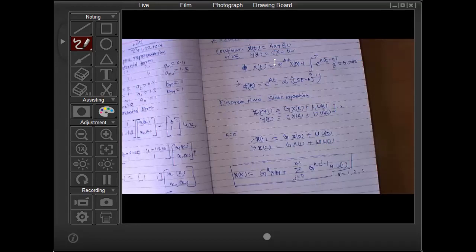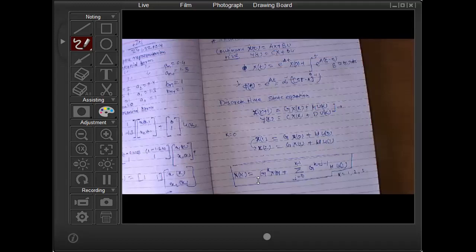Now if you compare with the discrete time solution of the discrete time state equation, then e to the power At is replaced by G to the power k, and since discrete time is not in continuous mode, the integral part is replaced by summation, that is summation from j equal to 0 to k minus 1, whereas in continuous time it is integration from 0 to t. G to the power (k minus j minus 1) is again e to the power A(t minus tau), and H matrix is equivalent to B matrix and u(j) is equivalent to u(tau).